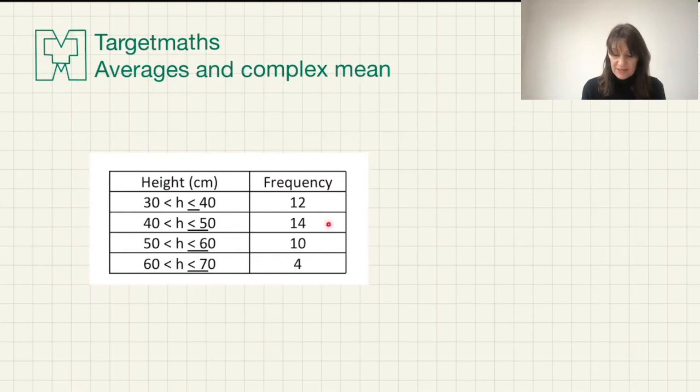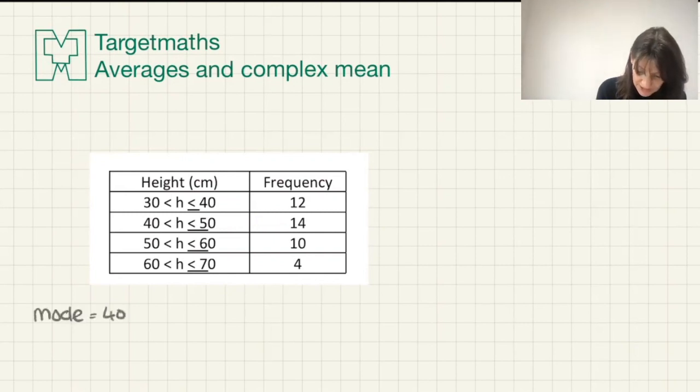So this 14 is representing the class width with the most. So 14 isn't the answer, which is what I sometimes see. 14 is just the indicator. You've got more in this class than you have in any other. So my mode would be written down as 40 to 50 for my mode.